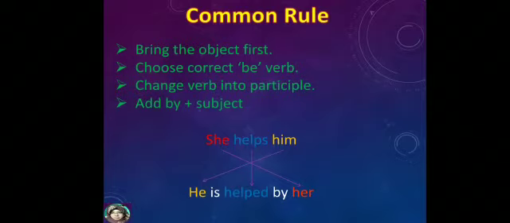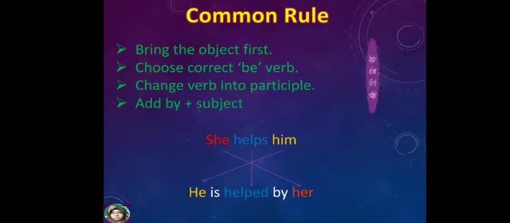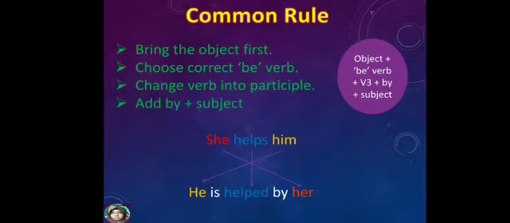Then verbs past participle form, then by, then her, which is the objective form of she. We will see some subjective and objective form for changing verb after this point. To remember this rule, watch it shortly. Here V3 is past participle form.